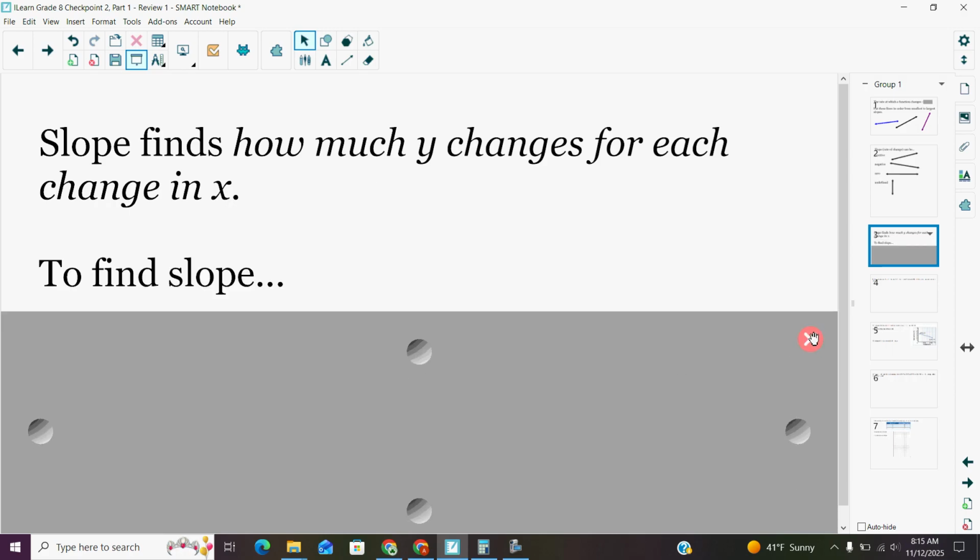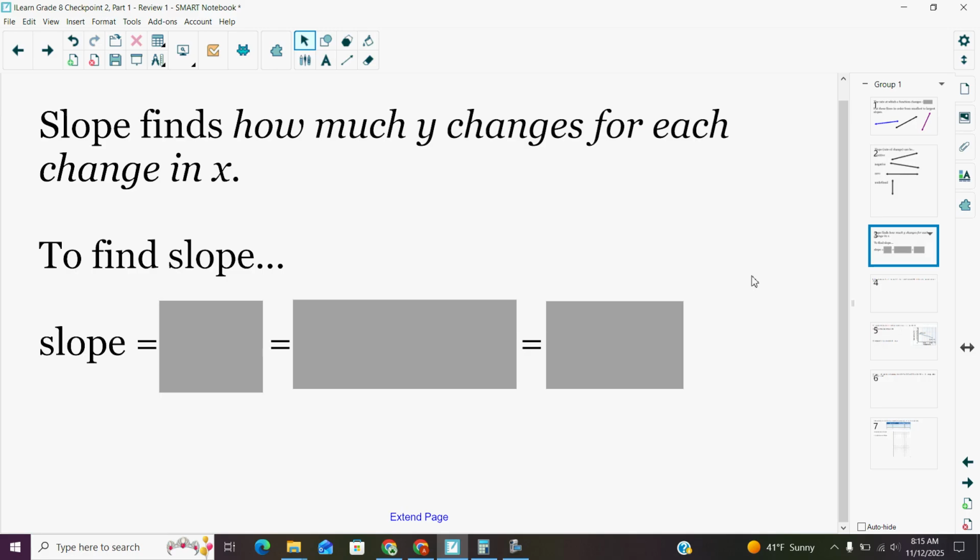There's several different ways that we have learned to find slope. If we're given a graph, a lot of times we think through rise over run. Slope is rise over run. We take how much the graph goes up and divide by how much the graph goes side to side.